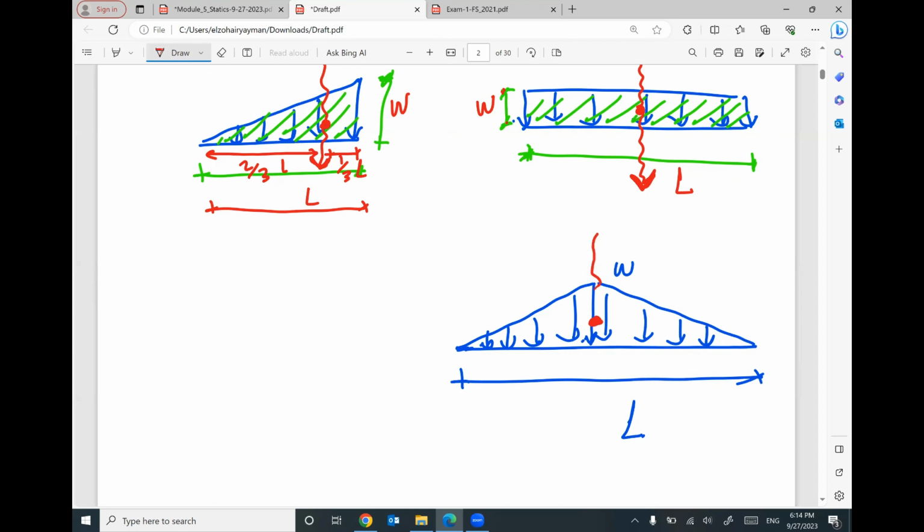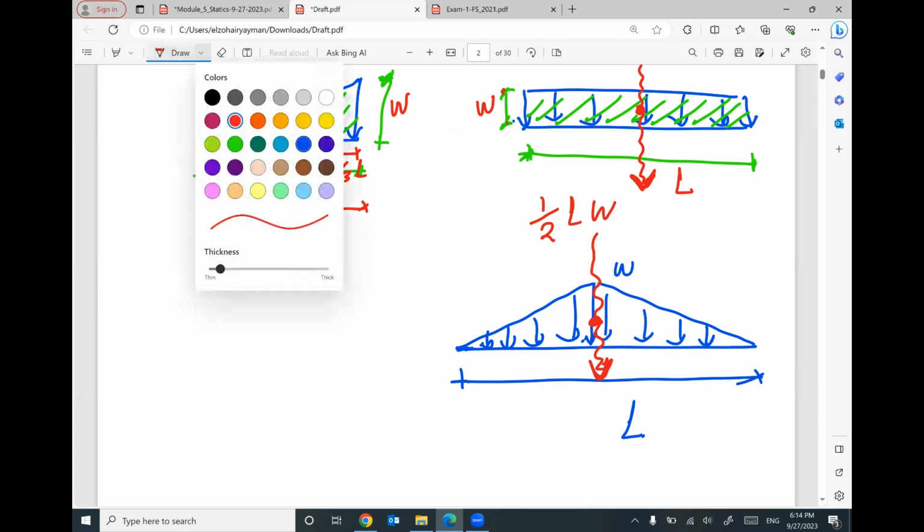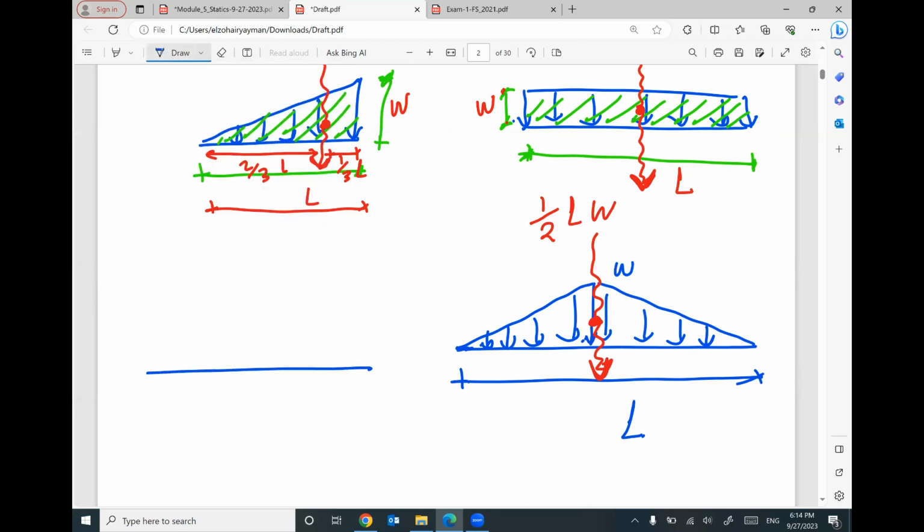So the location of this equivalent is here. How much? The area of this triangle is 1/2 times base times height. If you have trapezoid, looks like this.